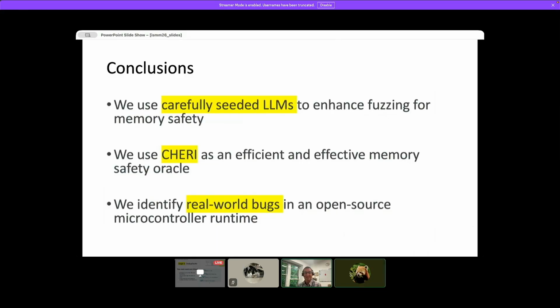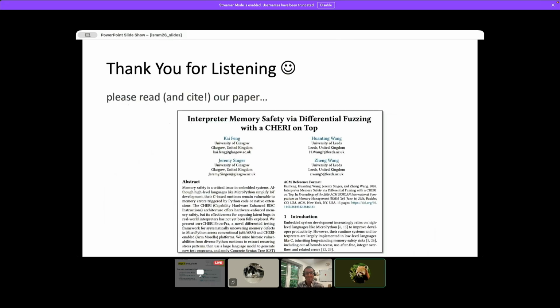So we use that to manifest the bugs and compare against a classical non-memory safe runtime. And we have identified real-world bugs, some of which we've reported responsibly and have been fixed in open source microcontroller runtime, particularly the MicroPython runtime.